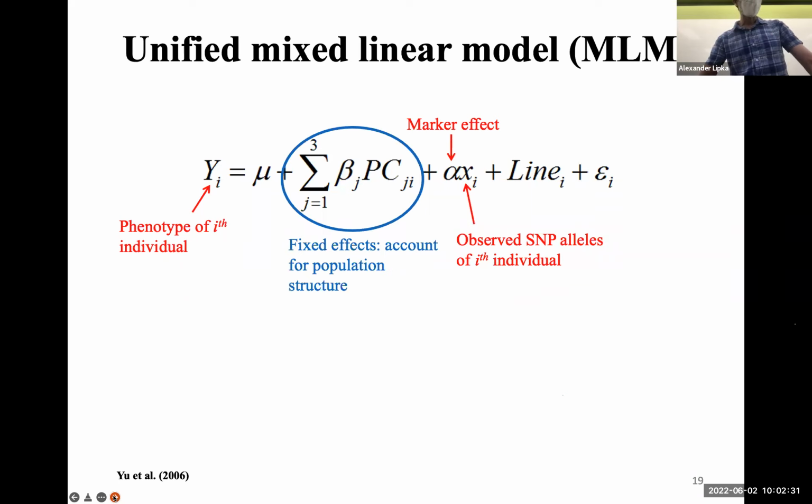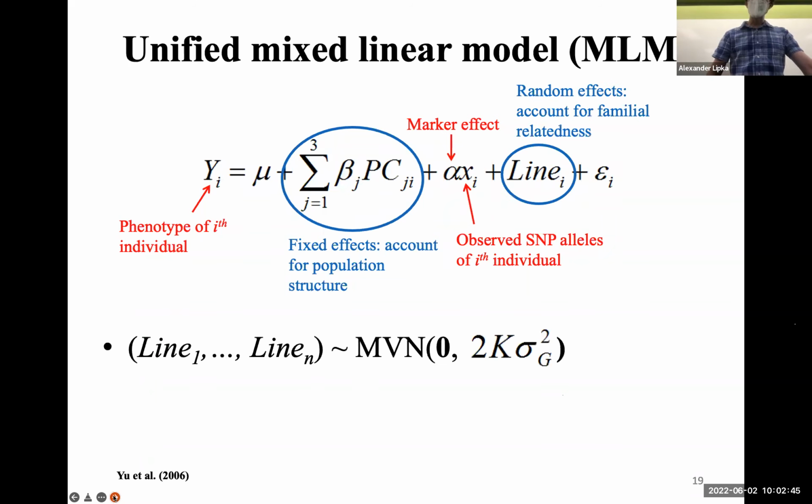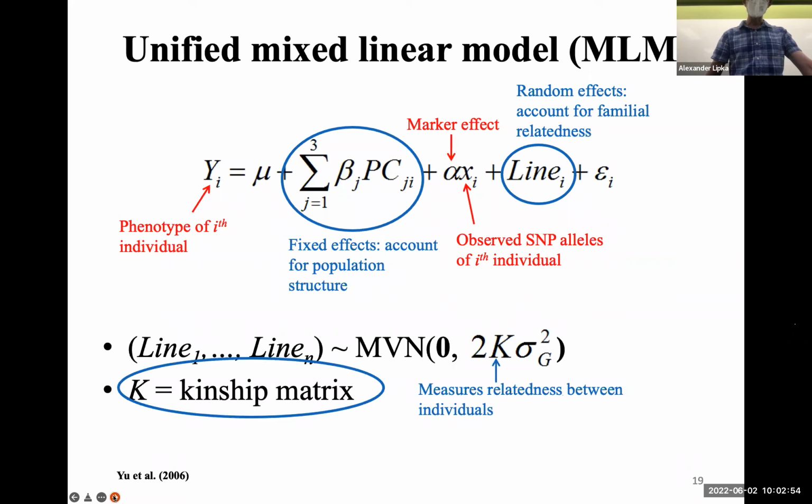And then we have fixed effects here for this particular data set I used to analyze this. We have 3 principal components of our genome-wide markers to account for population structure, okay? And then we also include our individuals, our genotypes, our lines as a random effect to account for familial relatedness, okay?